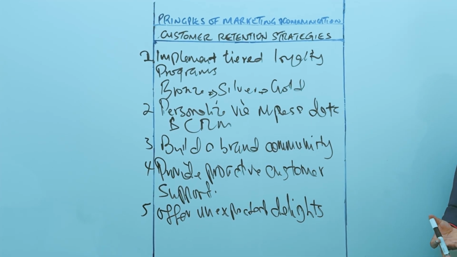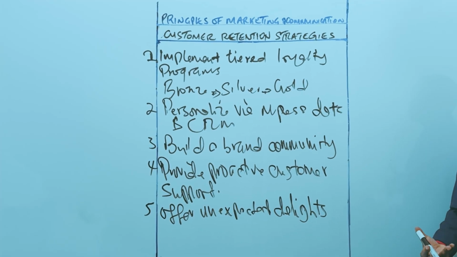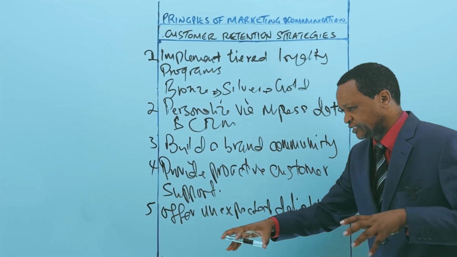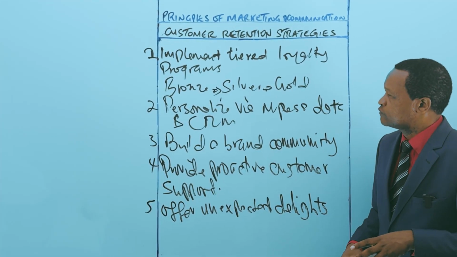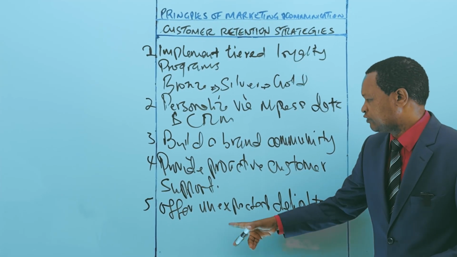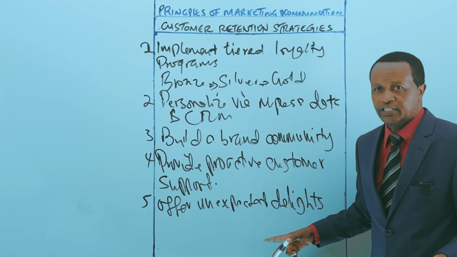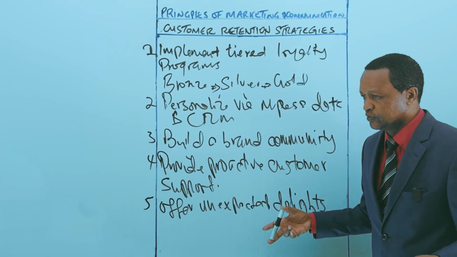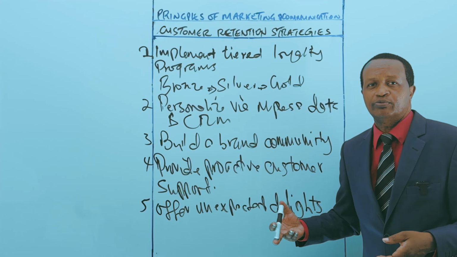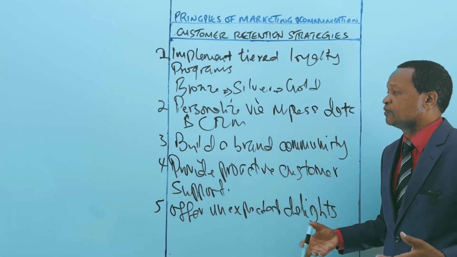For example, a clothing boutique can include a handwritten thank you note with every fifth order. There are many ways in which that can be done, but I think you get the point. Offer unexpected delights. People nowadays do not expect discounts or gifts from sellers, because sellers always complain about the economy, about inflation, about cost of production, and so on.